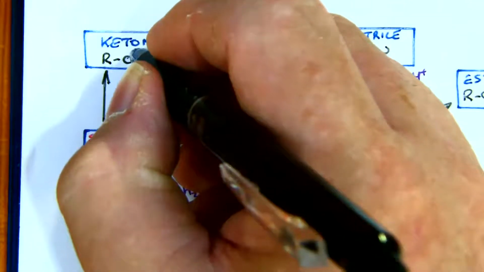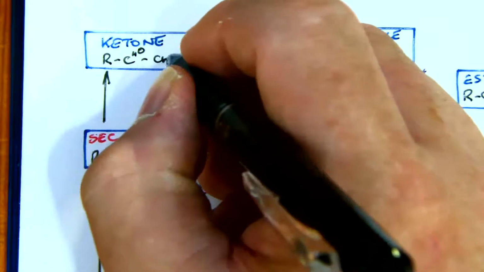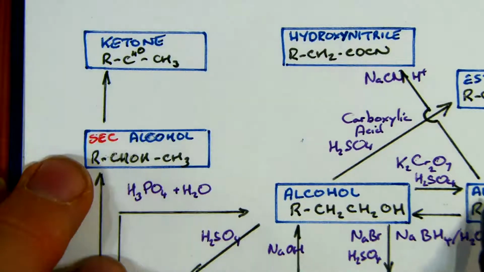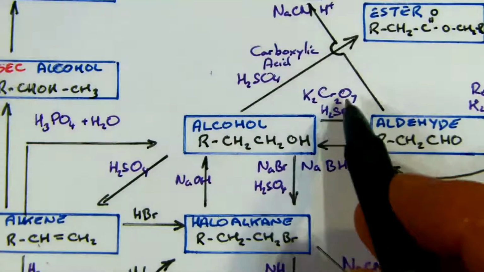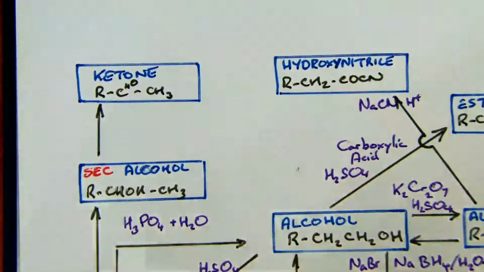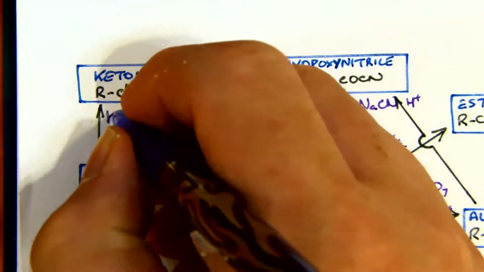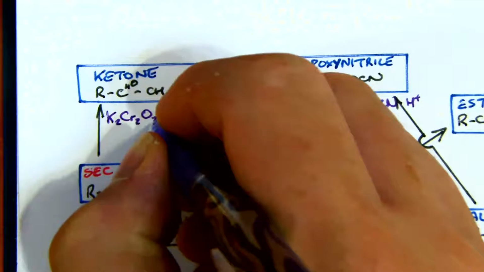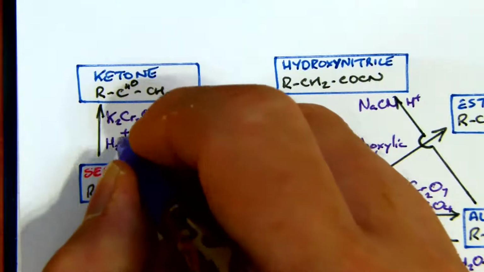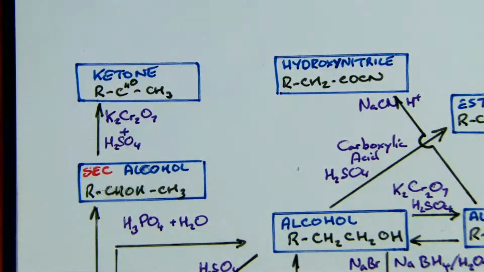And that one's going to be RC double bond OCH3, and to turn a secondary alcohol into an aldehyde, over here we use dichromate, and we're going to use exactly the same thing to make the ketone. And I would use, for that one, H2SO4.